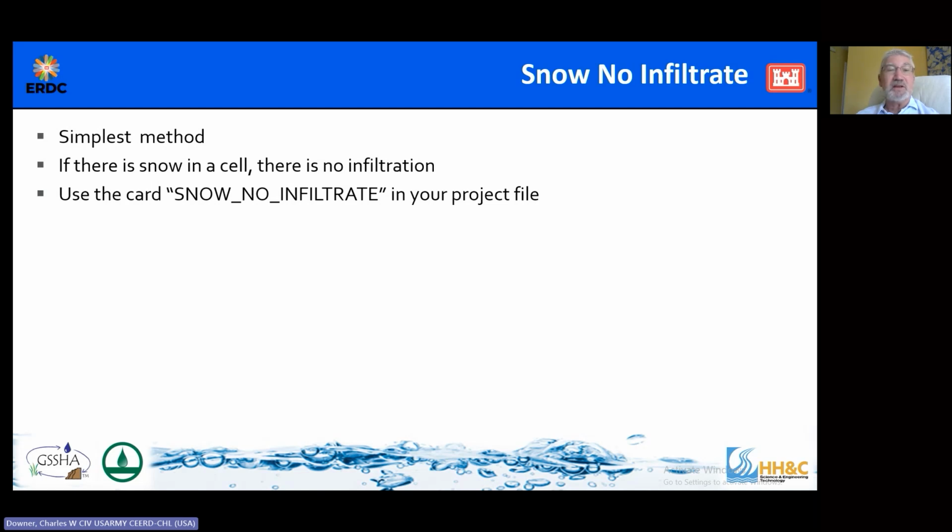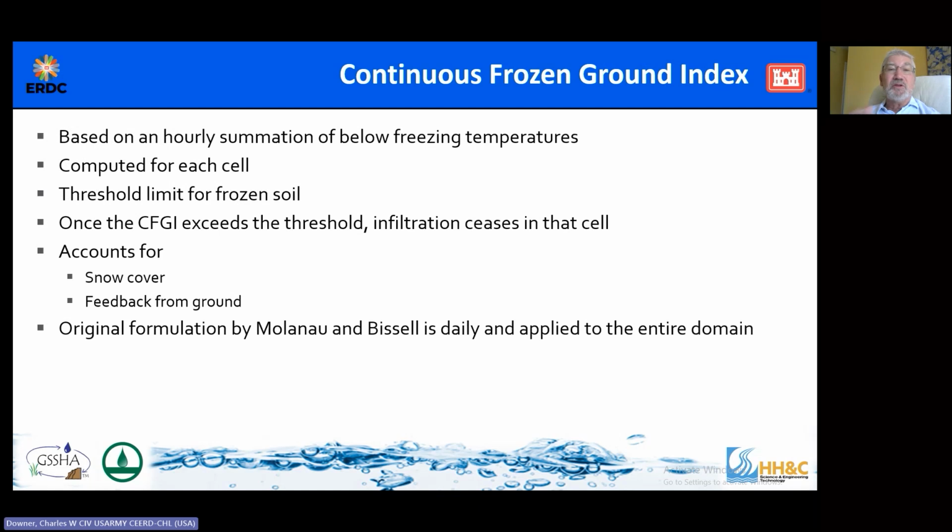That's very simplistic. To move up in complexity, there's a model called the continuous frozen ground index model. It's based on an hourly summation of below freezing temperatures. That's computed in each of those computational cells that Aaron was talking about. You set a threshold for frozen soil. If it's below the threshold, it's not frozen.